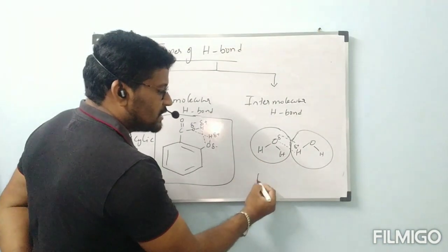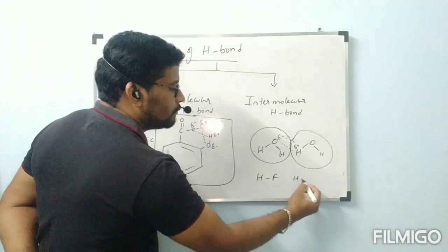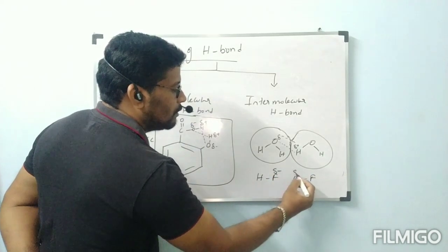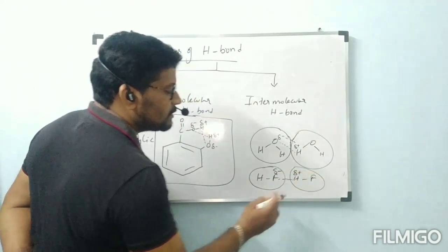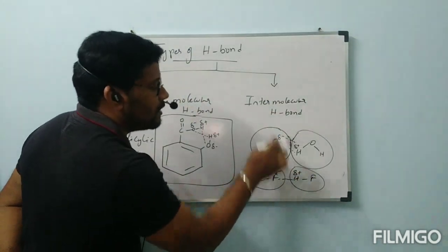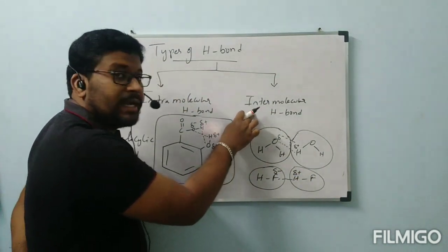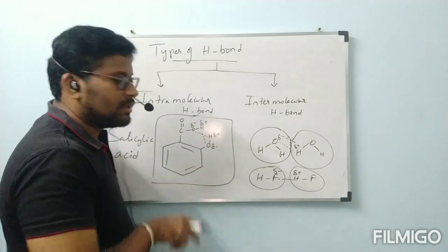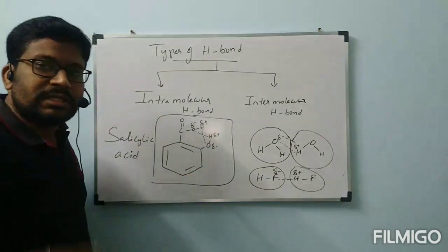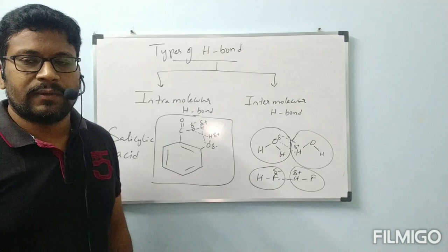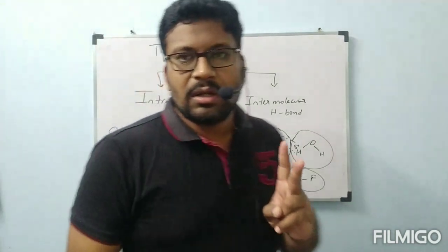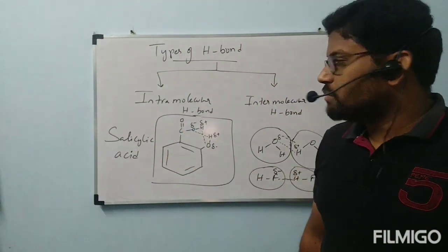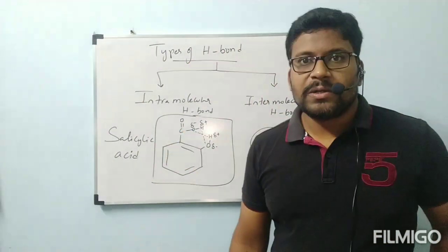In water, and in HF: this is completely one HF molecule, and this is completely another HF. Between the molecules we have hydrogen bond. That is called intermolecular; inter means between. This is intra: in the molecule itself we have hydrogen bond. These are the two types of hydrogen bond: intramolecular and intermolecular.